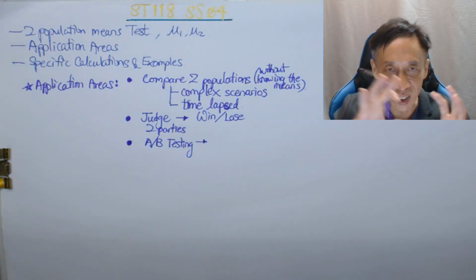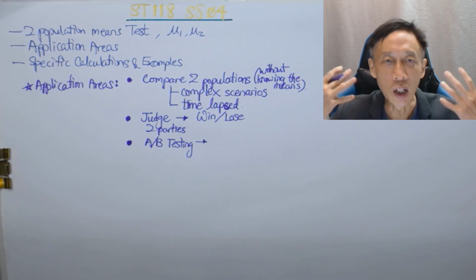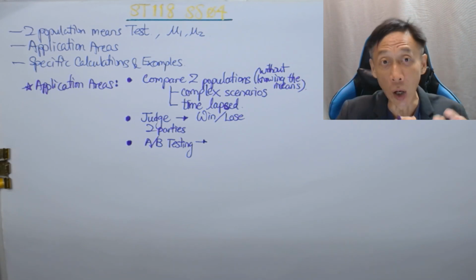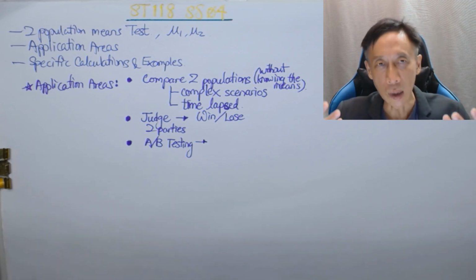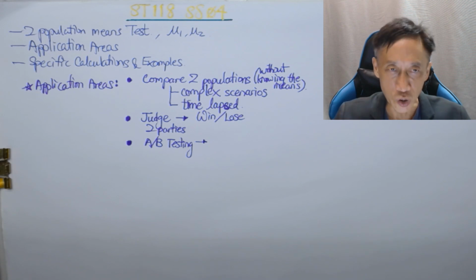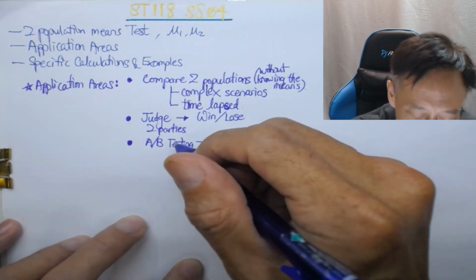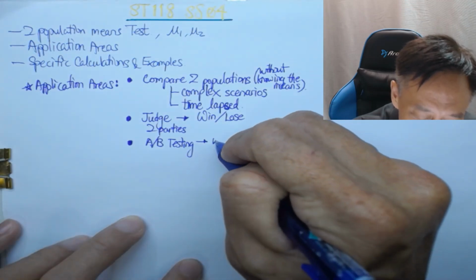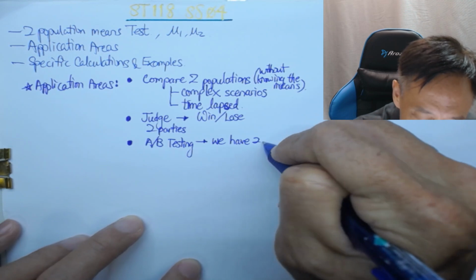It doesn't mean the design itself is complicated. It means that we have put in a lot of thoughts. Maybe the outcome is very simple, right? So we put in a lot of thoughts and we are not sure which is good. So A or B. I'll give you an example in a while. But in A/B testing, we have usually, for example, two designs, right?